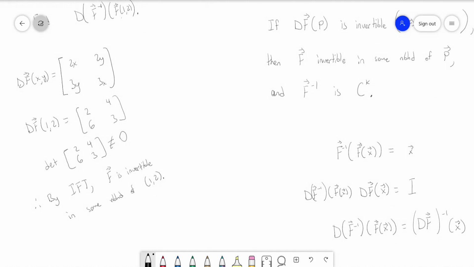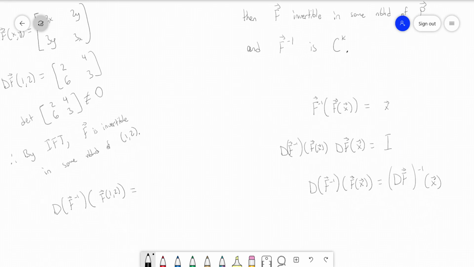And then if we want the derivative of f inverse evaluated at f of 1, 2, according to what I have here, it should be the inverse of the derivative of f evaluated at 1, 2. Maybe writing it like this actually looks better.